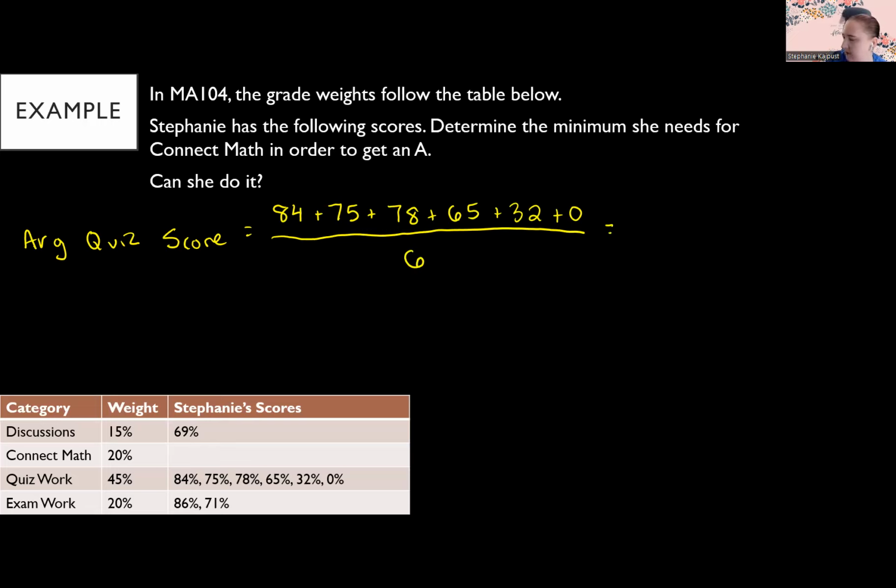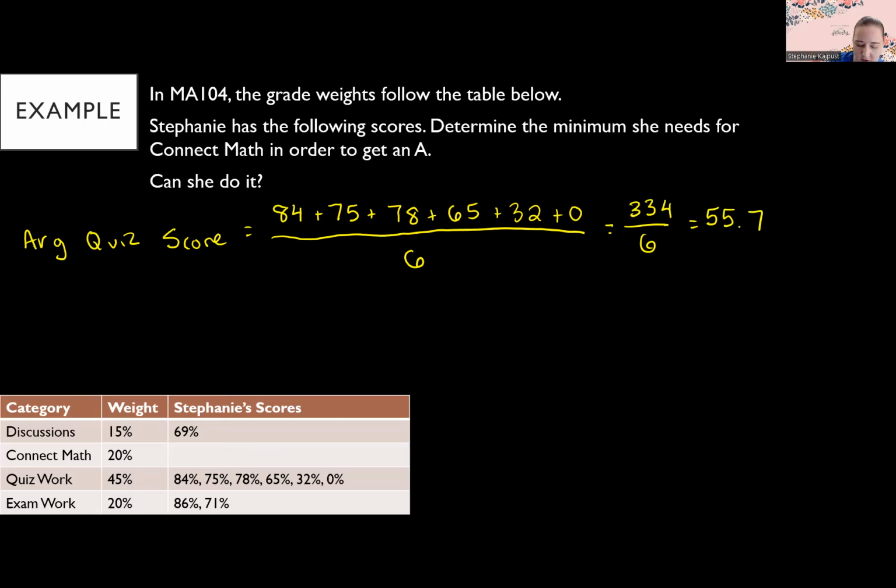When you're doing this on your calculator, you either need to put parentheses around the top or hit enter first and then divide. So that's 334 divided by 6, which is about 55.7. So the average out of all of those is 55.7%. That's low mainly because of the last two, the 32% and the 0%. If those were higher, that would go up.